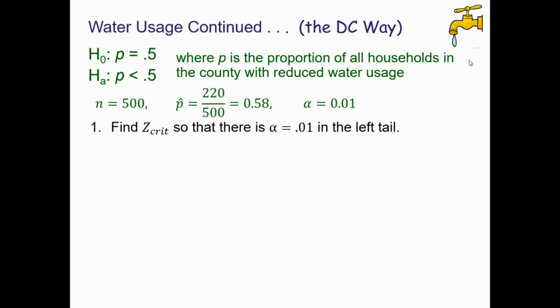So what z critical value would give you a probability, if you look in your table, of 0.0100? What z would that be? Negative 2.33. Perfect.